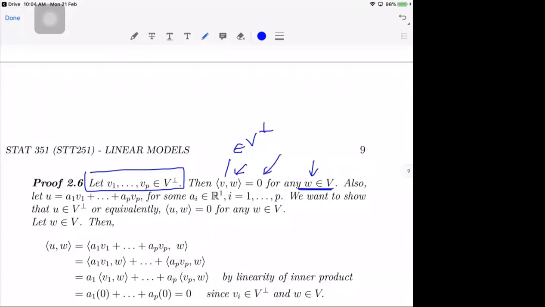That is by definition of V perp. Correct? Now, to show that it is a subspace, make a linear combination of these vectors in V perp for some constant A. I will call it U.